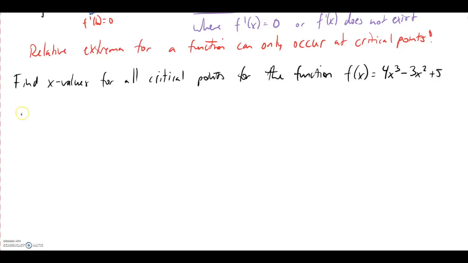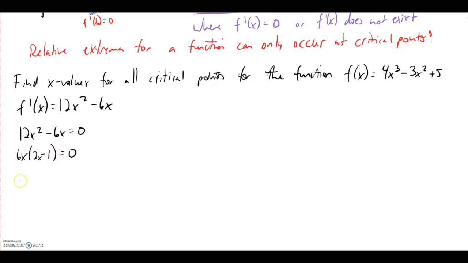So if critical points are where the derivative equals 0 or is undefined, let's start by evaluating the derivative. F prime of x equals 12x squared minus 6x. Setting that equal to 0 and factoring, we get that 6x times the quantity 2x minus 1 equals 0, which gives our derivative zeros at x equals 0 and x equals 1/2.